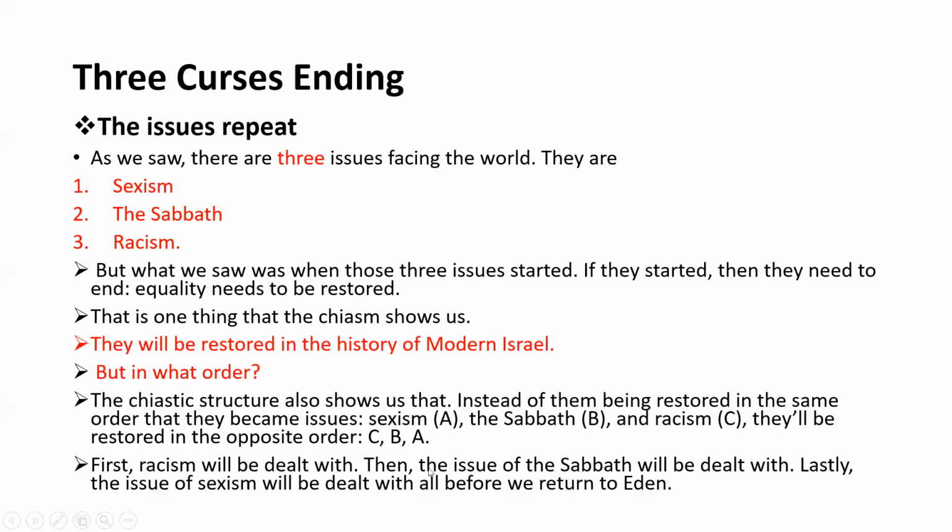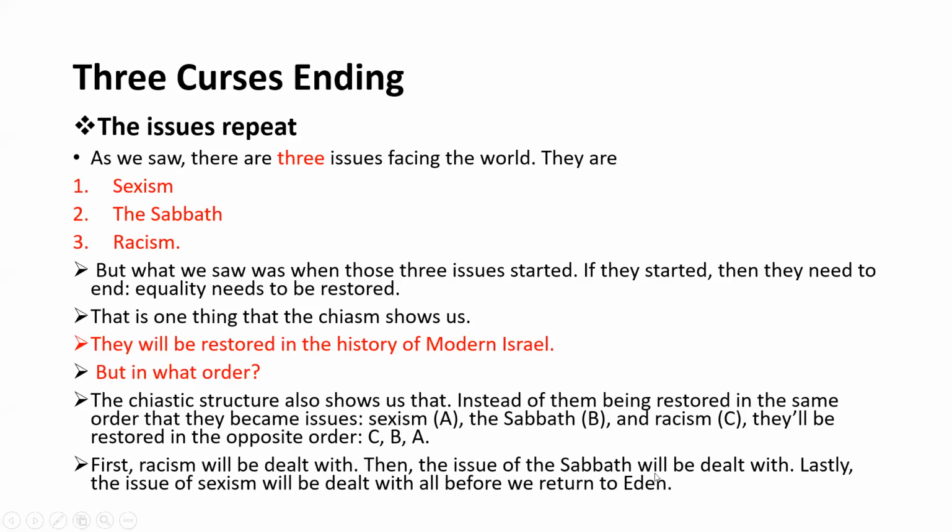So we have C, B, A instead of A, B, C. Firstly, racism, which was the last thing to be pronounced upon the earth, is the first one which is going to be dealt with before anything else.